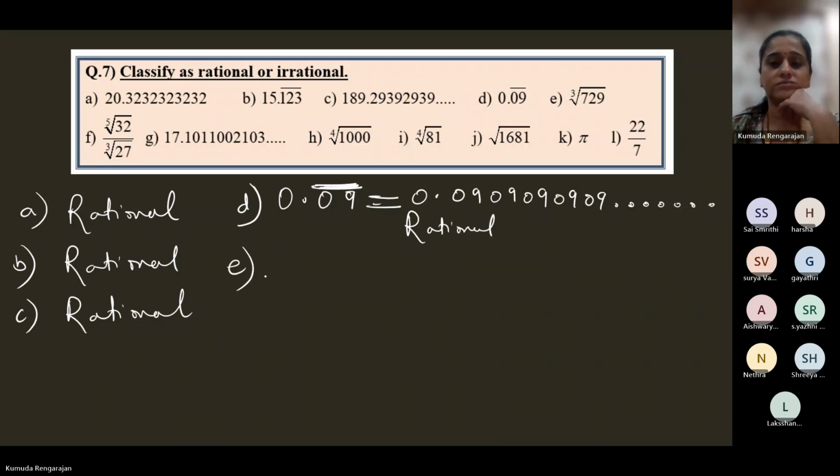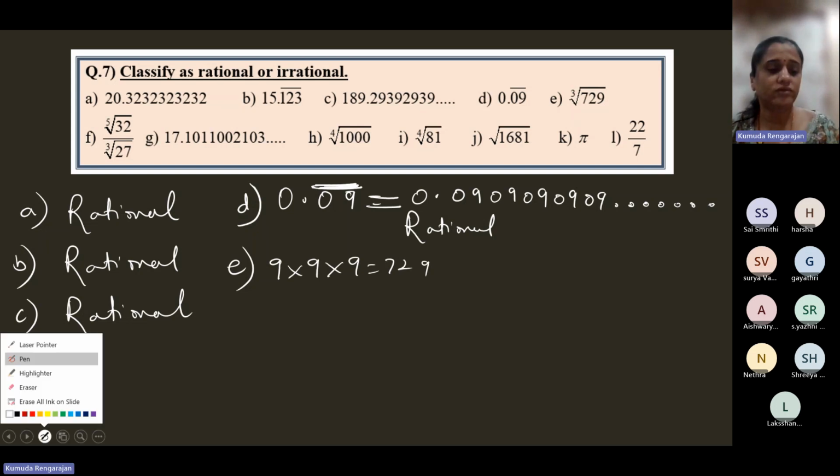What is E? What's the cube root of 729? 9. 9 into 9, 81. 81 into 9, 729.